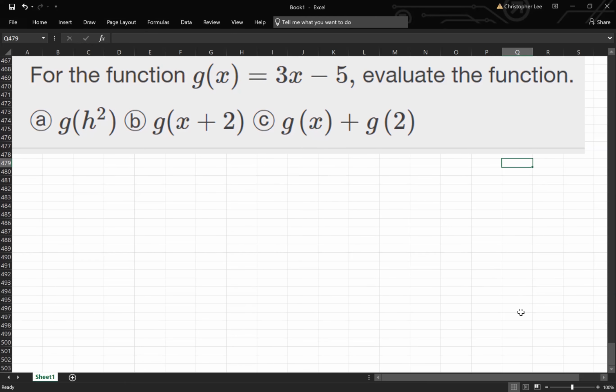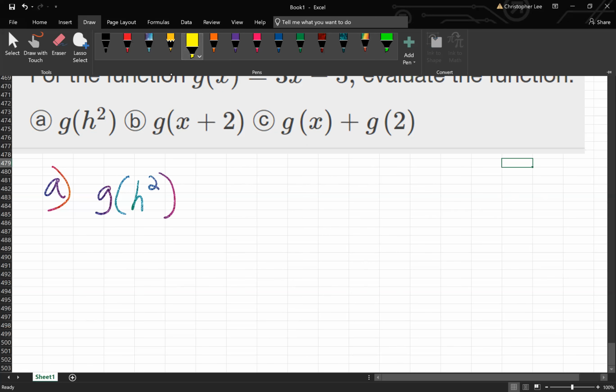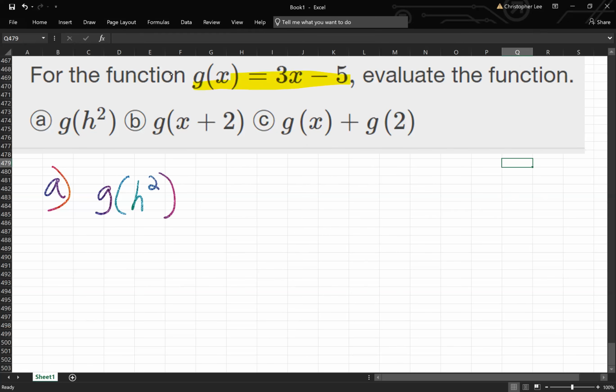So let's look at A. I want to know what is g of h squared. Everywhere I got the x, I'm gonna write h squared. That's it. Oh, by the way, I forgot to say this earlier. It's the function I'm using up here, just so that we're clear.